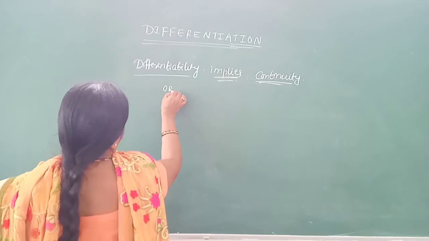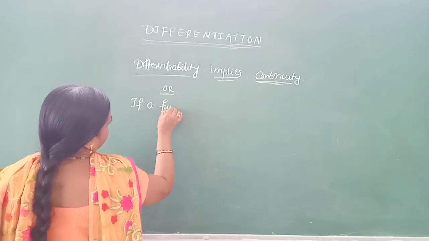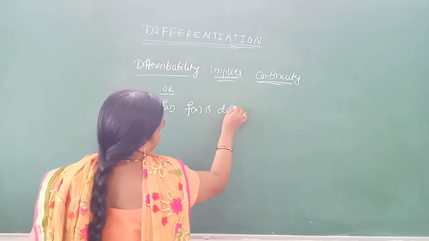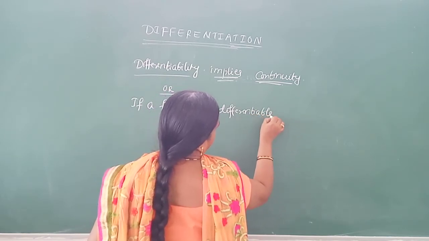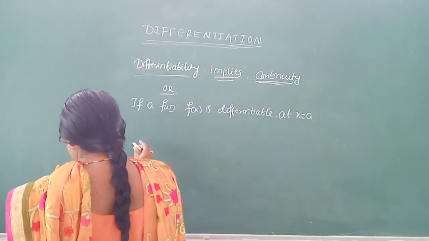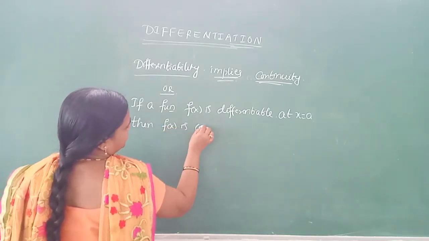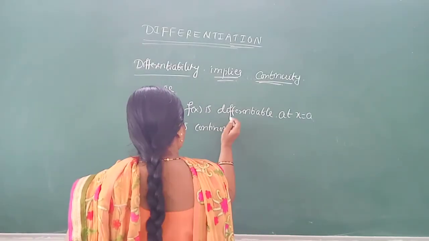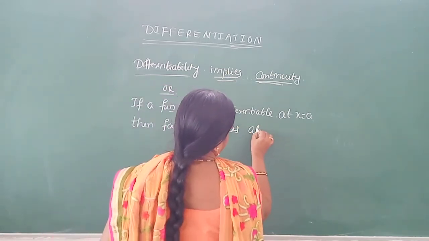Or in another form: if a function f of x is differentiable at x equal to a, then f of x is continuous at x equal to a.